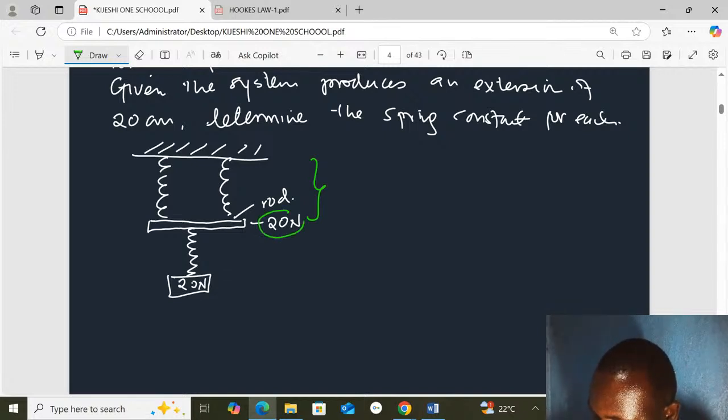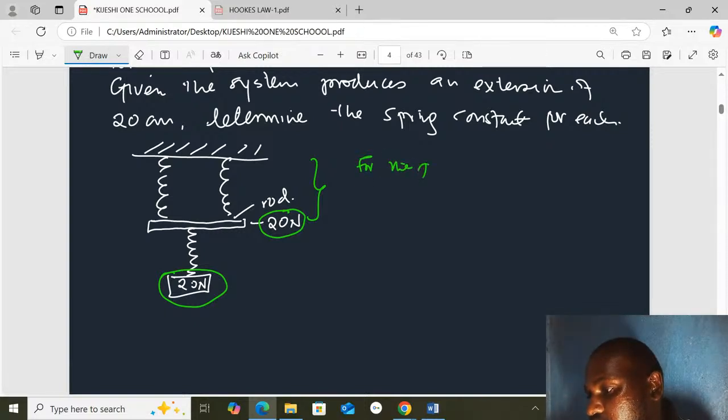You should also need to understand that this rod is having a weight of 20 newtons, and we still have another hanged weight here of 20 newtons. Therefore, what does this one tell us? For the parallel, the acting F will be the same as 20 newtons plus 20 newtons.